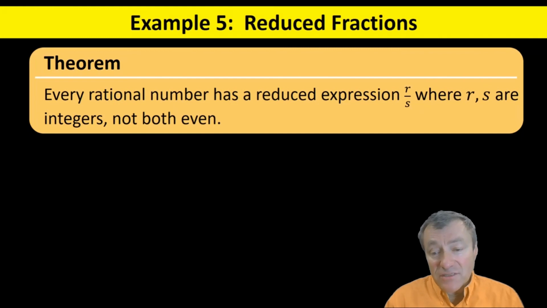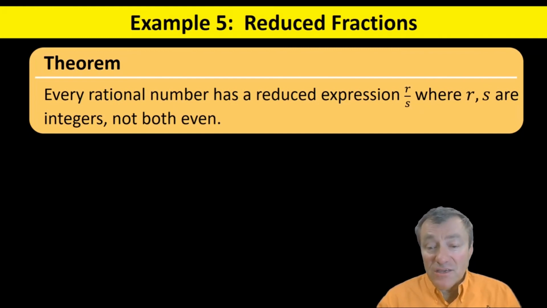Actually, at least you need to know this much, that you can cancel twos in a fraction. So you can get a form for every fraction where numerator and denominator are not both even. So I'll just prove that special case, although the general case is not much harder. So every rational number has a reduced expression where numerator and denominator are not both even.